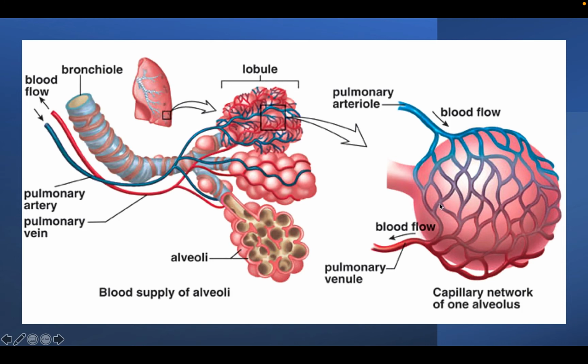There's more oxygen in the alveoli than in the deoxygenated blood of the pulmonary arteries, so it diffuses into the capillary bed supplying the alveoli, while carbon dioxide does the opposite based on its concentration gradient. So recall, the capillary bed is made up of simple squamous epithelia, and it just so happens the alveoli is as well. So this allows for ease of diffusion down its concentration gradient for both oxygen and carbon dioxide.